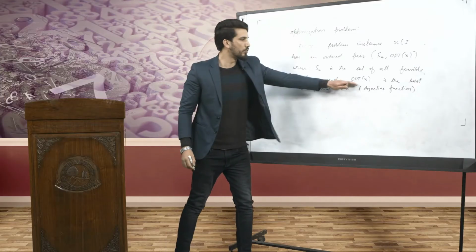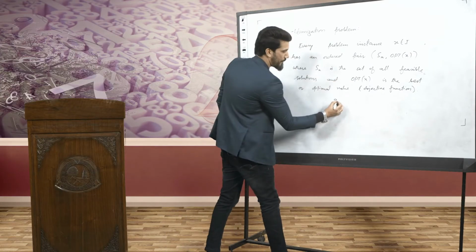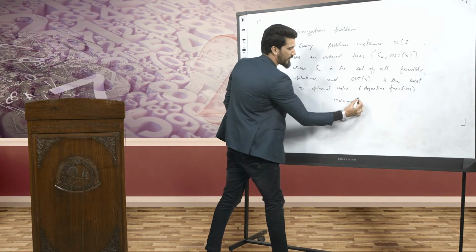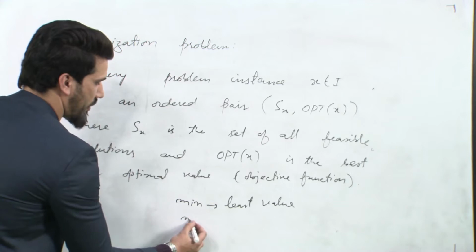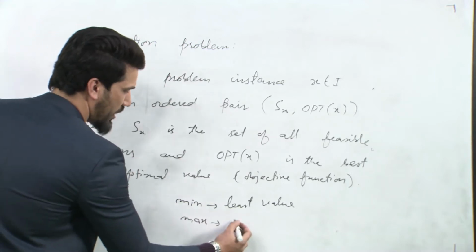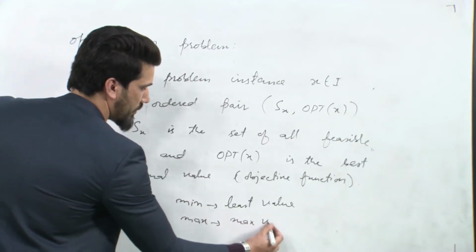Now this value, in case of minimization, it will be the least value, and in case of maximization, it will be the maximum value.